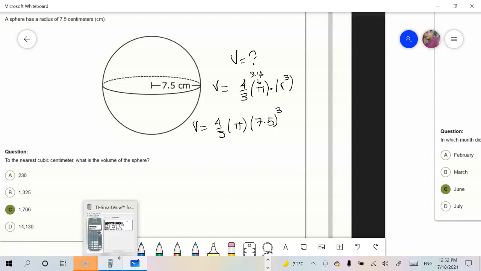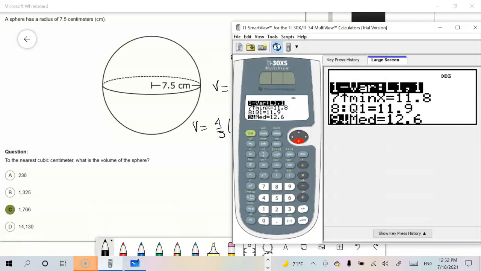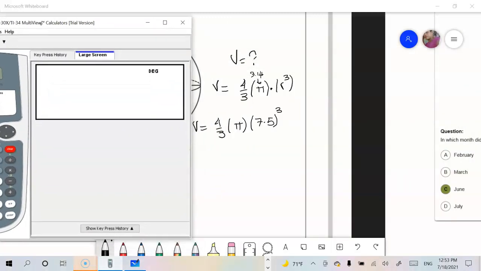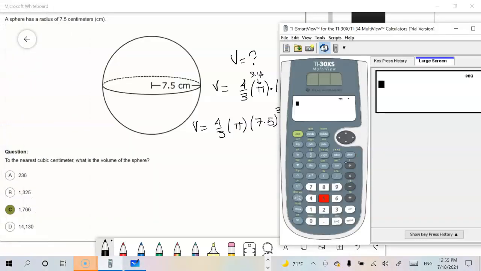So now let's solve that using the calculator. We are going to clear all of this that we have here. And here we go, we are going to put the information in the calculator. So open a parenthesis and write 4/3, close the parenthesis, and multiply it by pi, which is this key here, multiplied by, and then you want only 7.5 raised to the power of 3. So open a parenthesis and write 7.5.